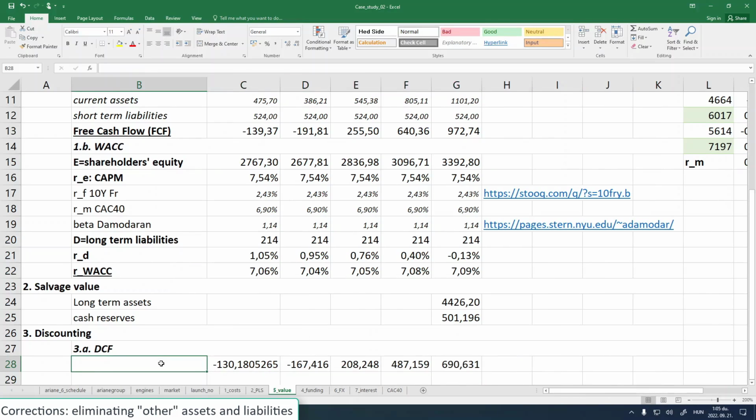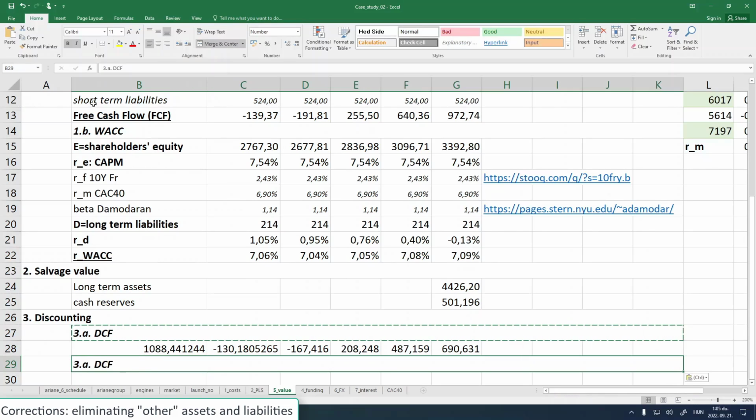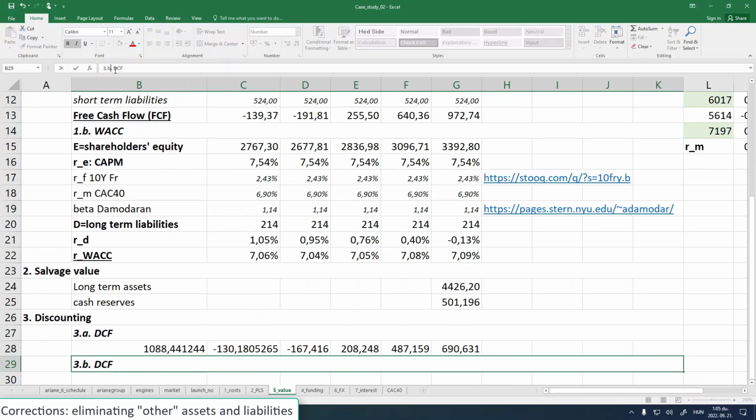And then we just have to sum up all these things in the future. We can see that altogether it's a nice sum of money. And also we have to add the salvage value.